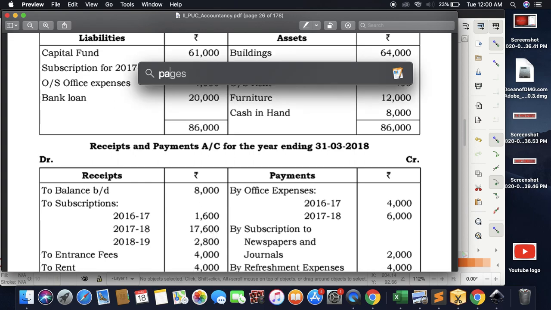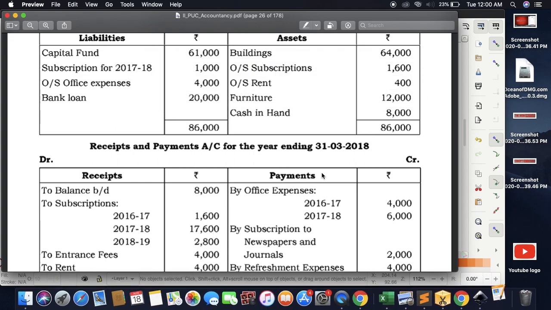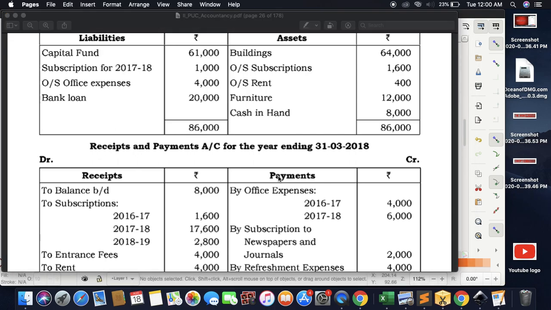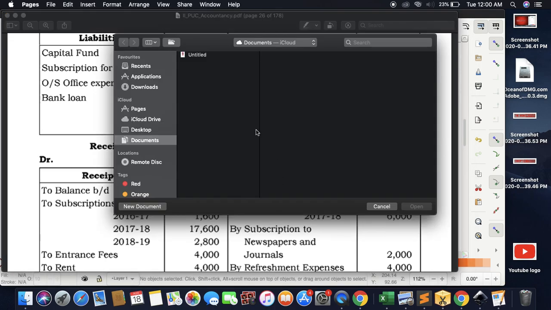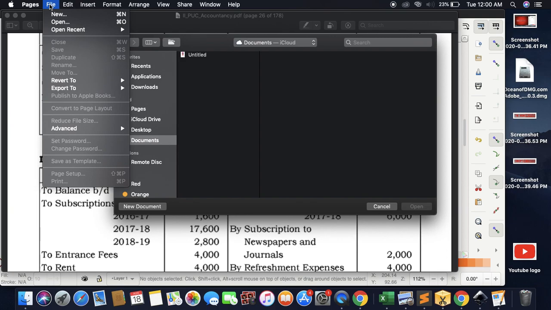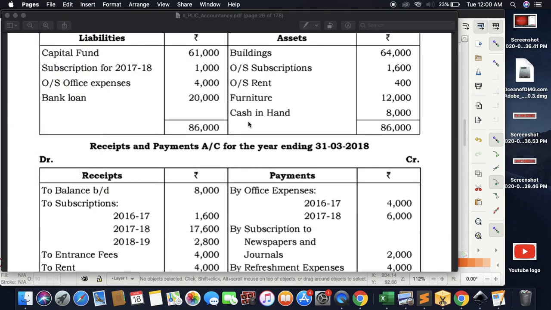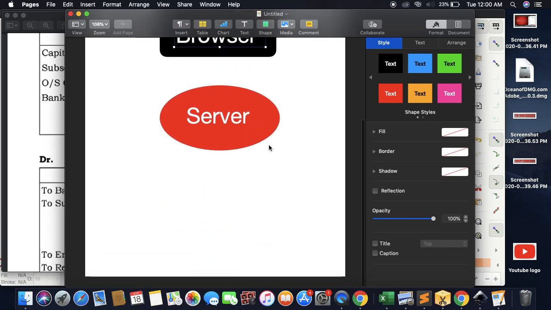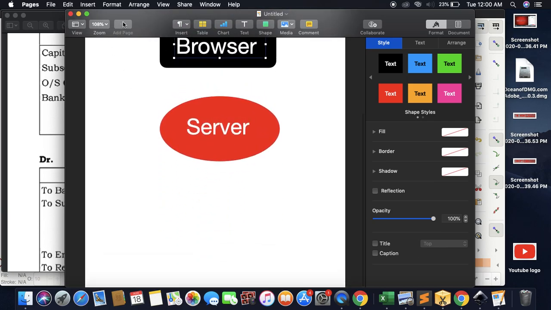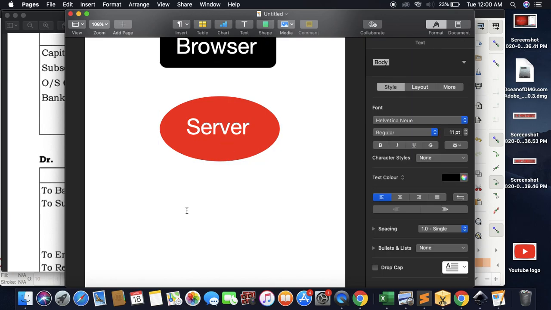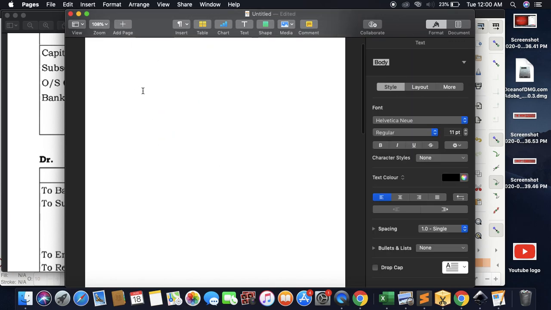So I'll just show you how to do this. Let's go to a new sheet. Let's add a new sheet.